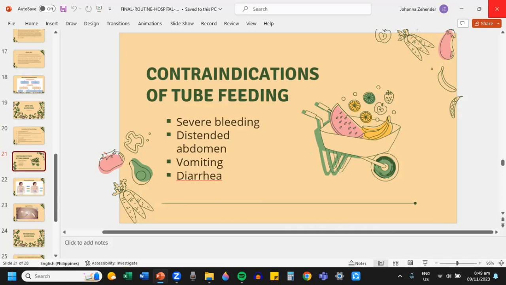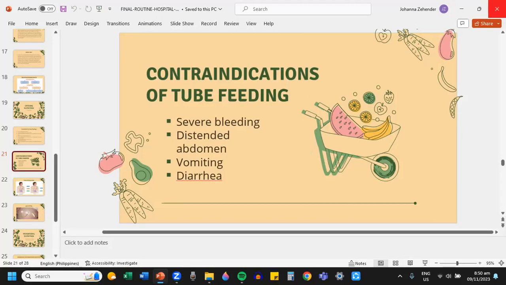Pag coffee ground, meaning yung may pagka-dark siya na gastric output, think yung ground na coffee or yung brewed na coffee, di ba black siya? Okay, so coffee ground colored gastric output would indicate severe bleeding. Okay, so no sa kanila na bigyan sila ng food. Kasi all the more na ma-injure yung stomach nila.